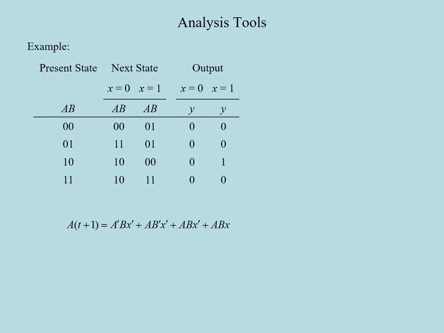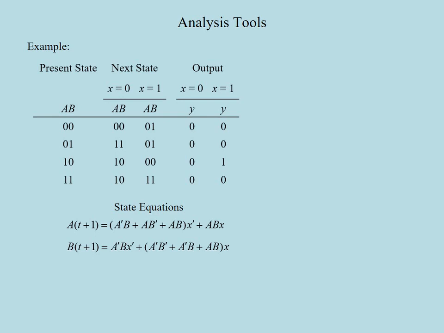You can also take x prime out of a parenthesis to have a somewhat simpler expression. Similarly, the next state of the B flip-flop can also be written as a sum of minterms from the state transition table. These two equations expressing the next states as a function of the present states and the input are known as the state equations of the circuit.